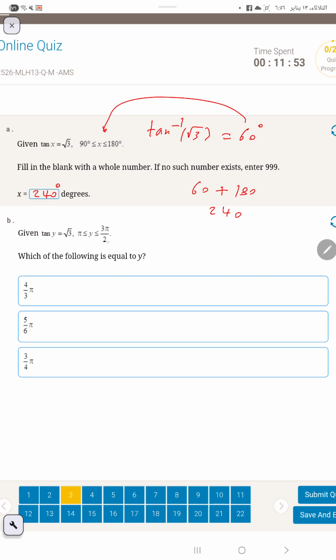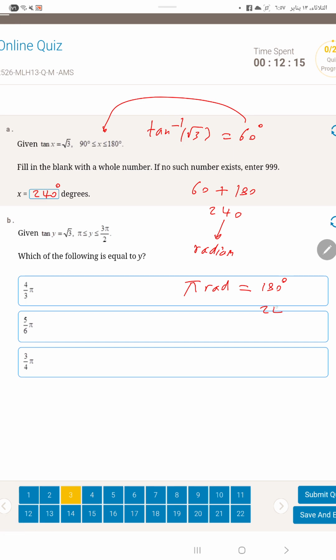Question part B, we need to find the same thing, but now in radian. So what you have to do is to convert 240 into radian, and then you pick the answer. So now we know that pi radian is equal to 180 degrees.